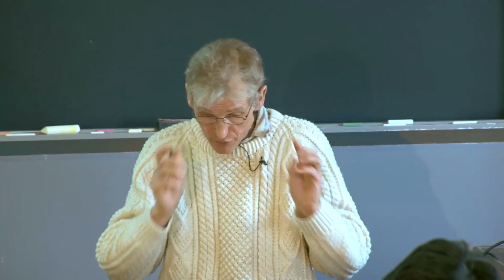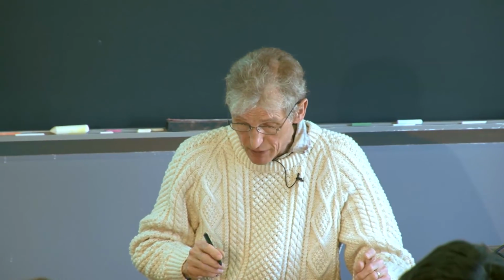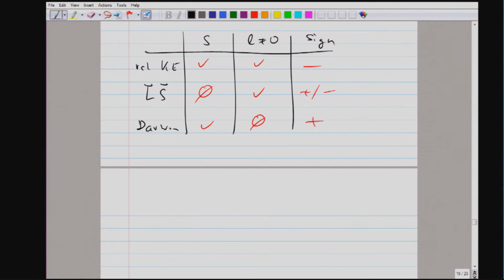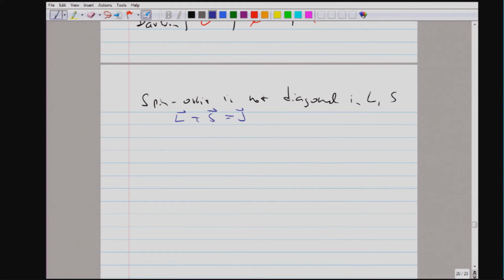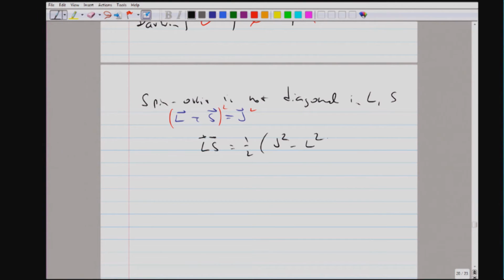Okay. The fact that we have spin and we have spin-orbit interaction means that the spin-orbit interaction L dot S is not diagonal in L or S. So what we have to do is introduce the total angular momentum J. And since (L plus S) squared equals J squared, we can write the product L·S as 1/2 (J squared minus L squared minus S squared).